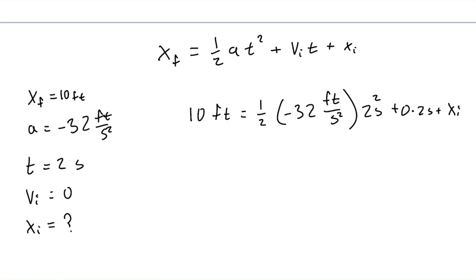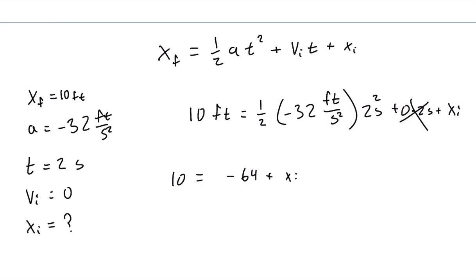Okay, now let's do some simplification here. This is going to go to 0, and we'll have 10 equals 1/2 times negative 32 times 2 squared. That's going to give us negative 64, and then we're going to have plus x initial.